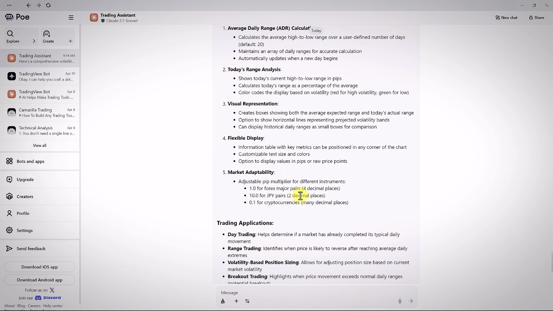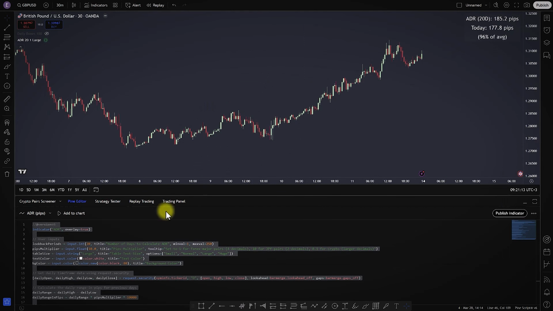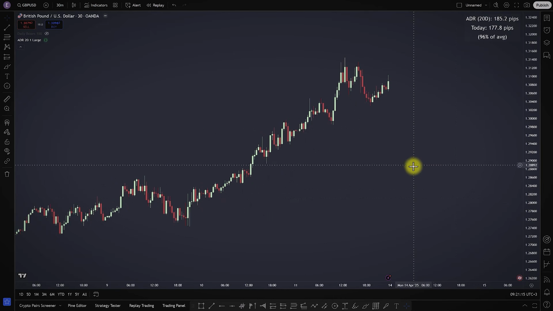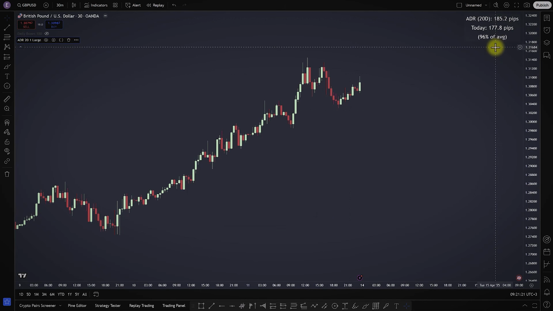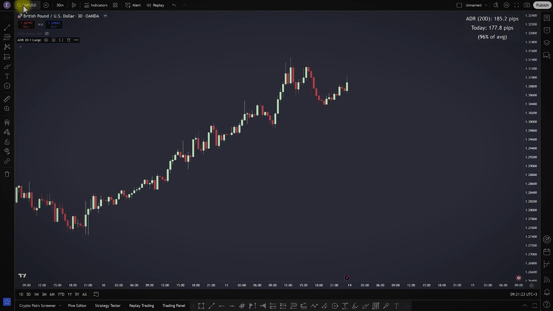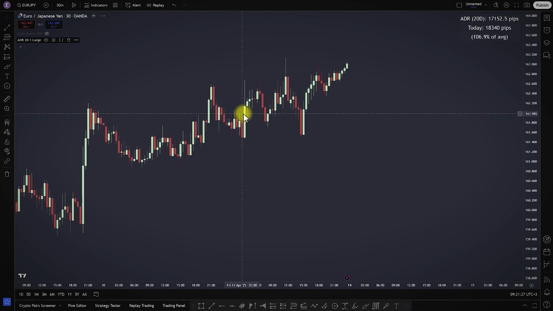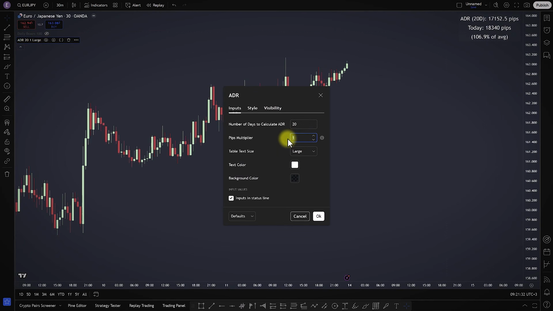The ADR concept is rooted in market volatility analysis. Markets trade with an average daily range that varies by instrument, and this variation is critical for setting realistic profit targets and stops. The code creates a simple yet powerful indicator that calculates the average range over a set number of days, then compares today's range to that average.